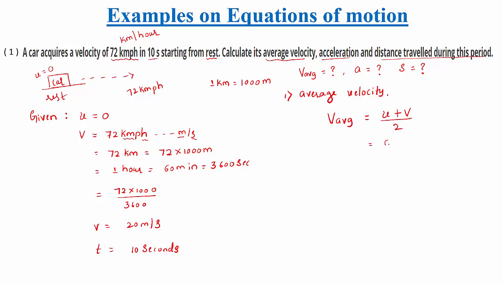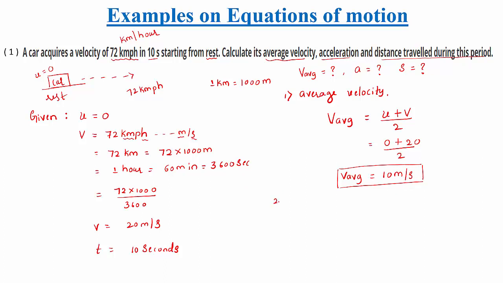Initial velocity is 0 plus final velocity is 20 meter per second divided by 2. So we will get V average equal to 20 by 2. That means 10. Then what is the SI unit of velocity? Velocity is measured in terms of meter per second. Average velocity of the car is 10 meter per second.